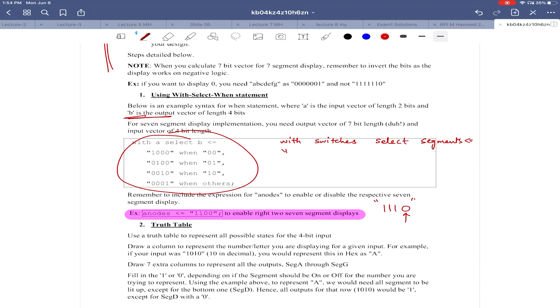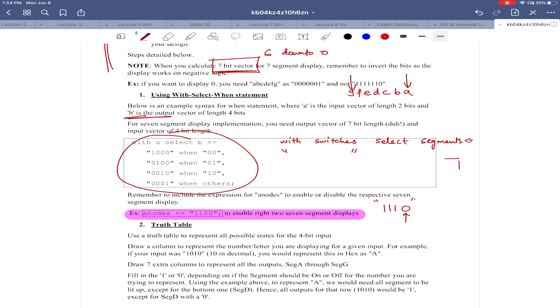After that, you have how many? 4. So in this case, if you use a 7-bit vector or an 8-bit vector, say a 7-bit vector, which is 6 down to 0, you're going to have to do G, F, E, D, C, B, A, right? 6 down to 0.